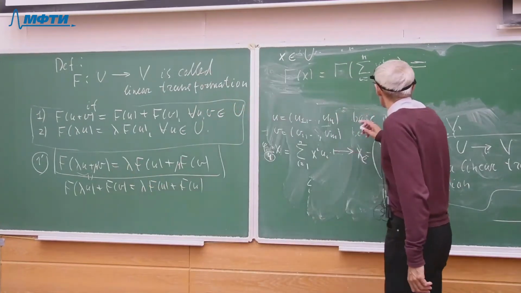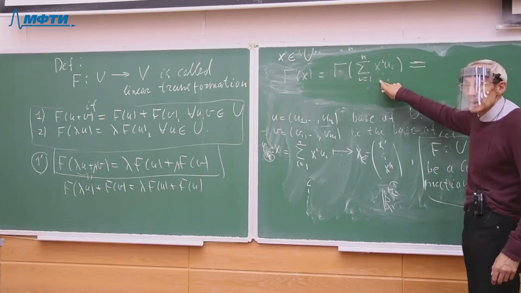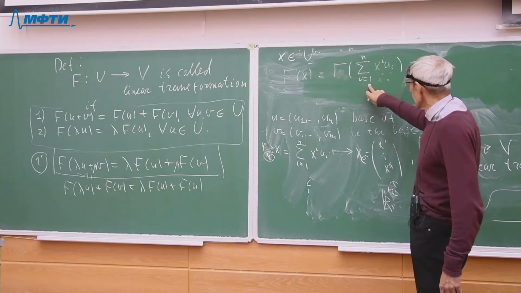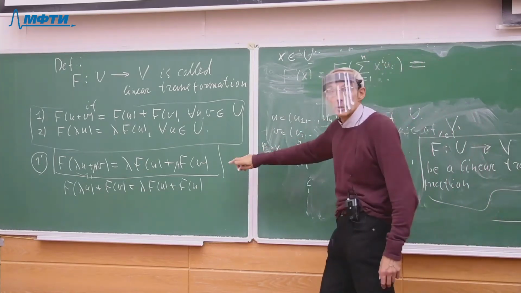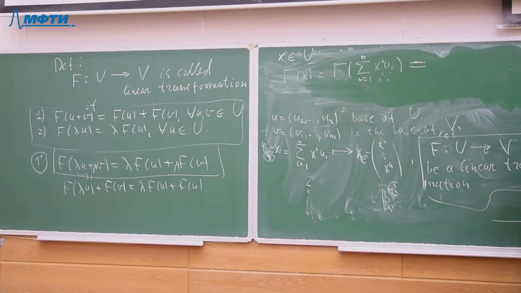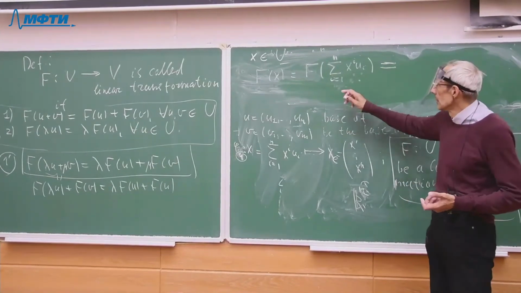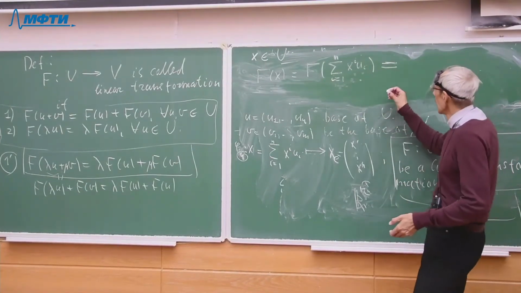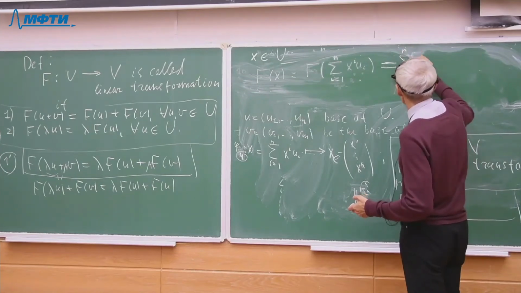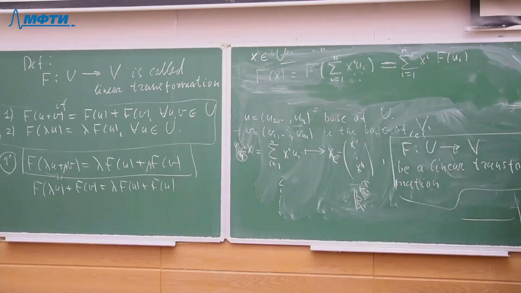I can present this sum as the first summand x1 u1, plus the other summands, the summation from 2 to n, and apply this formula to the 2 summands. After that, I can repeat on the next step, applying this transformation to the second sum, and step by step I obtain the following equality. Do you understand this?